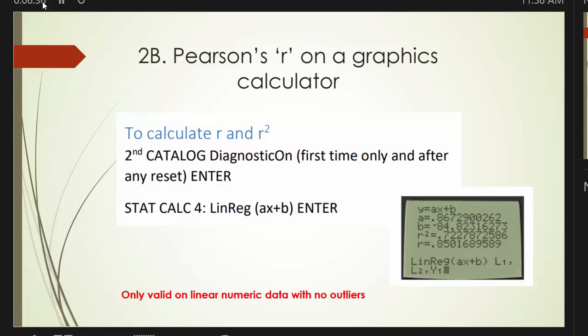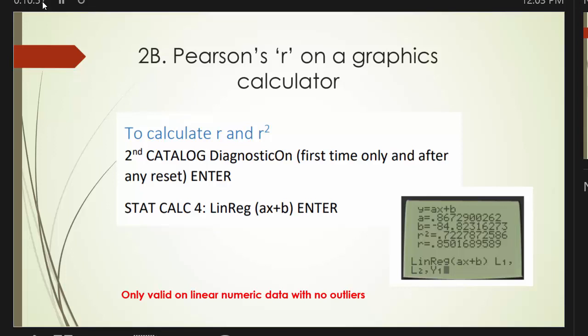So it's got a gradient of 0.86 and an intercept of -84. We don't need that just yet. What you do need is this last one here, r, 0.85. I'll help you turn 0.85 back into words in just a moment. But can you all make sure you've got some data in your calculator and you can get a screen that looks like that? Because I don't want to go any further until then.